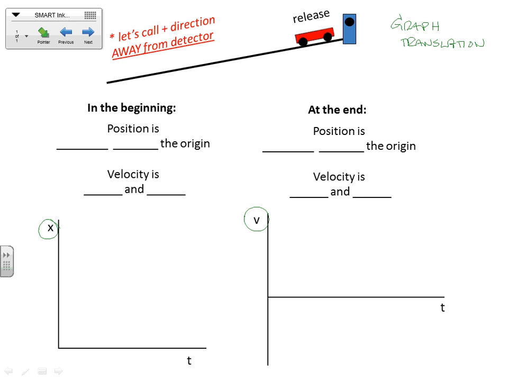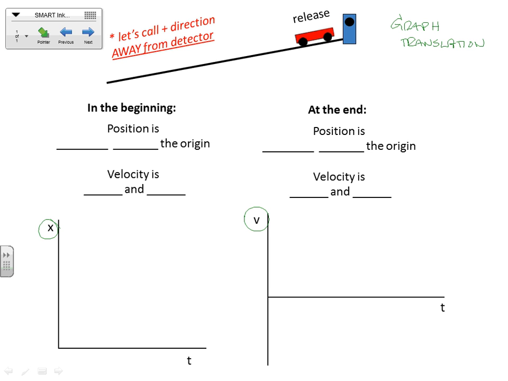We want to show the same motion on two different graphs. This activity is maybe the hardest thing you'll do all year. So for me to not be here is not the best, but I'm sort of here, right? I'm talking to you.